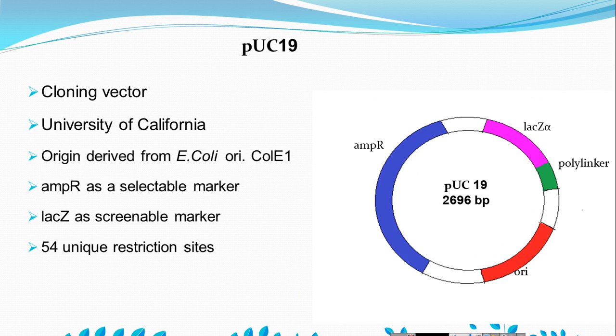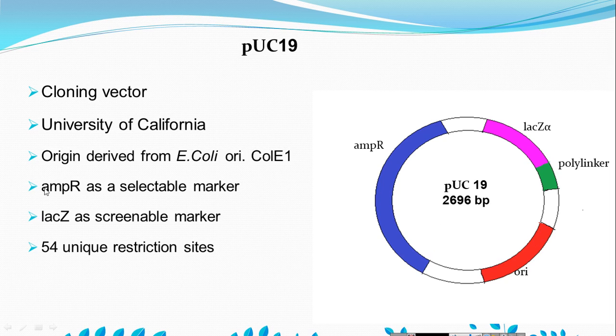Another very commonly used vector is pUC19. It is again a cloning vector, and pUC stands for plasmid from University of California. It is originally derived from E. coli, and its origin sequences are derived from plasmid ColE1.